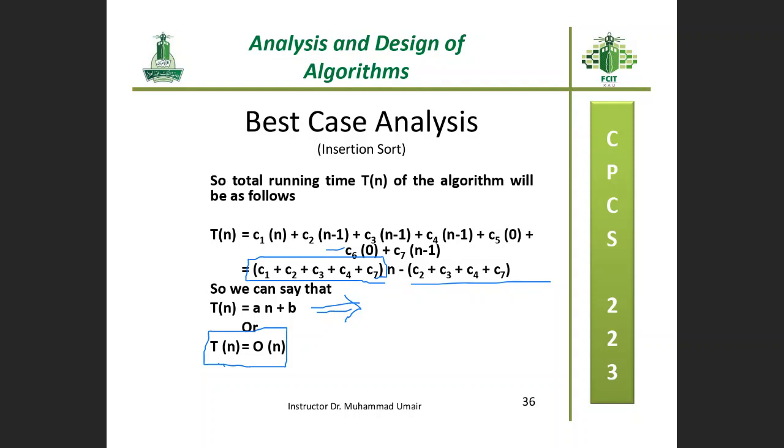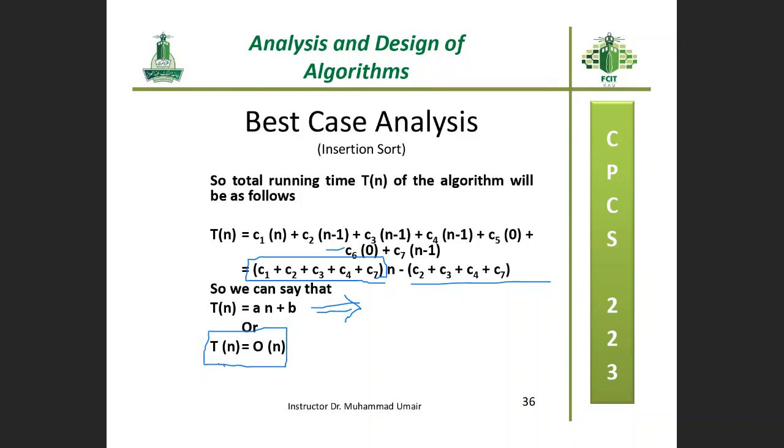So what we have discussed so far about the theoretical analysis is that whenever you are analyzing an algorithm theoretically using the RAM model, you have to determine the polynomial function of the given algorithm, and on the basis of that polynomial function, you will pick the value which is the highest order term.